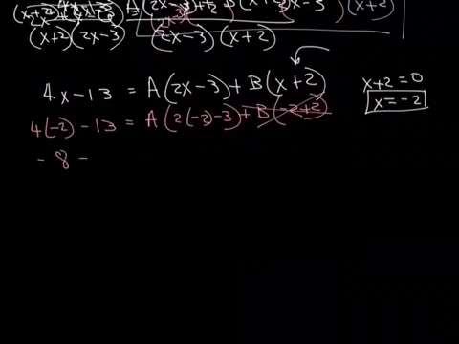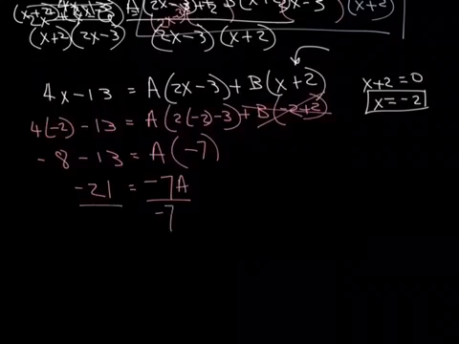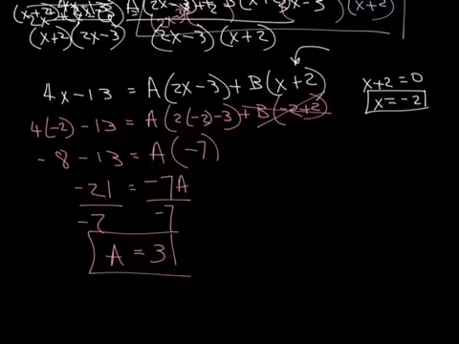Negative 8 minus 13 equals a times negative 7. So negative 8 minus 13 is negative 21, equals negative 7a. Divide by negative 7, divide by negative 7, a equals 3. Okay, so that's what I was looking for.